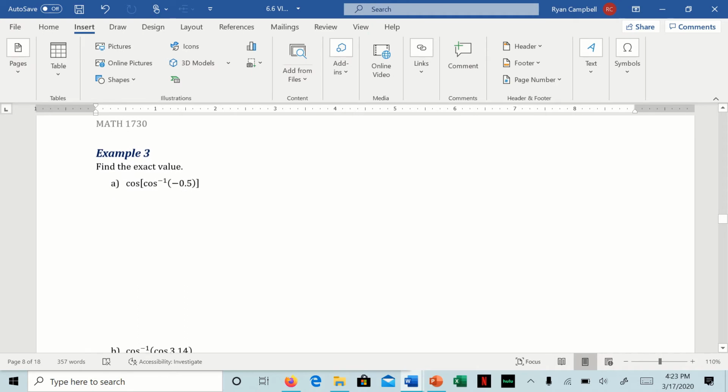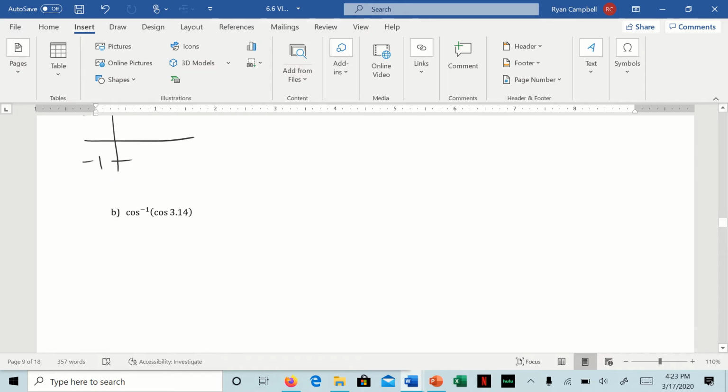So let's find the expected value of cosine of the inverse cosine of negative 0.5. Well, if it's inverse cosine, this is the y value. So can y be negative 1/2? Yeah, y can be between positive 1 and negative 1. So because it's in the range, we know that it's just negative 0.5, and we're done. Woo!